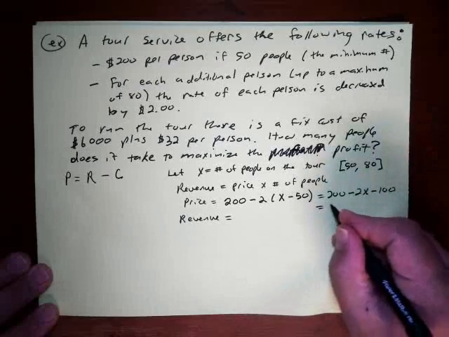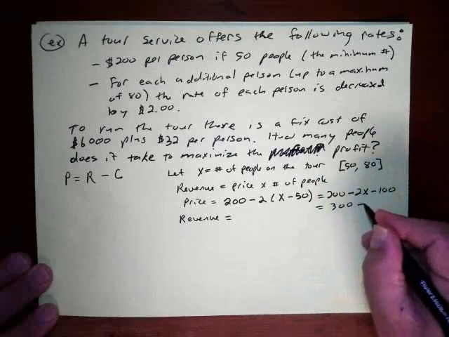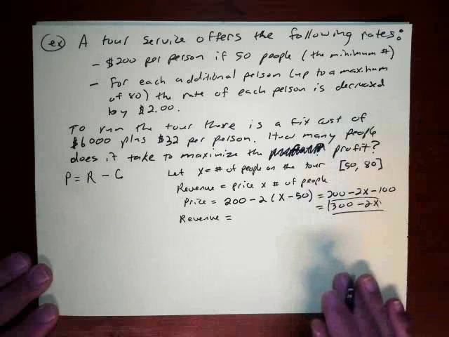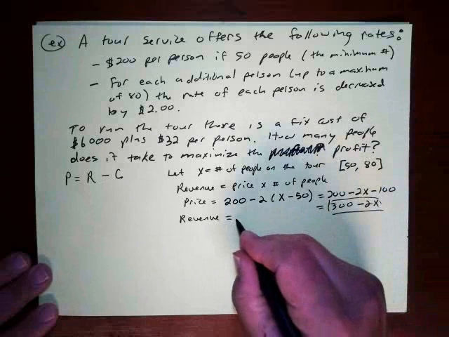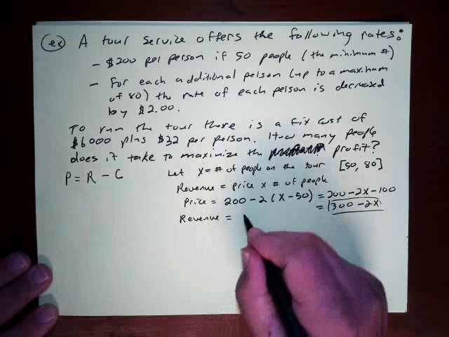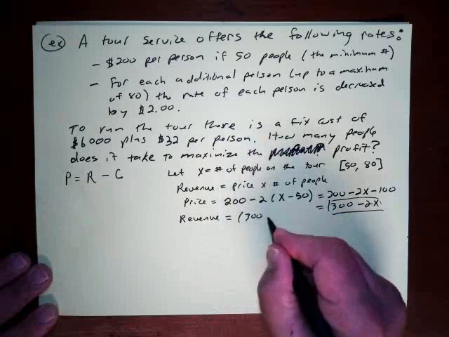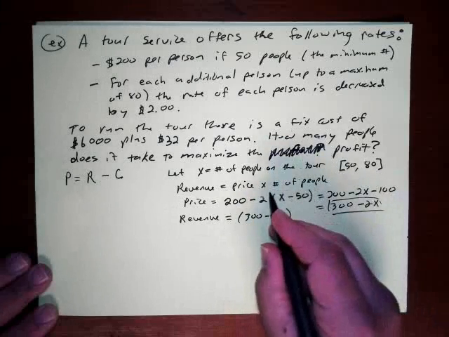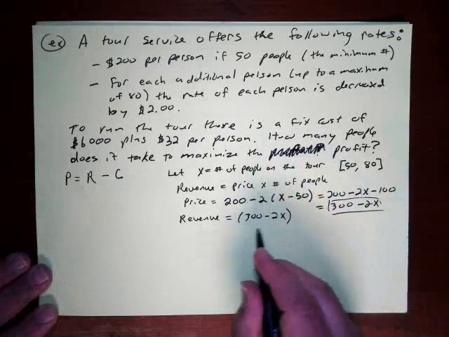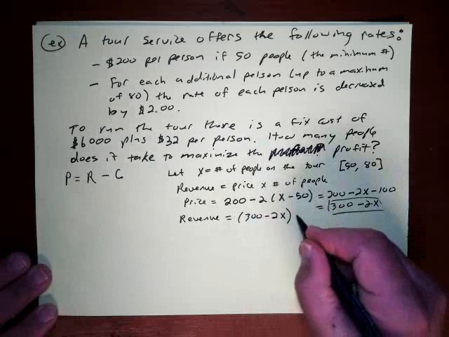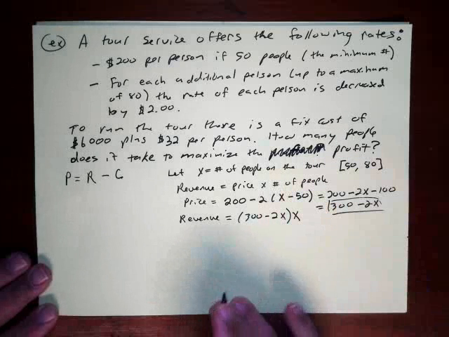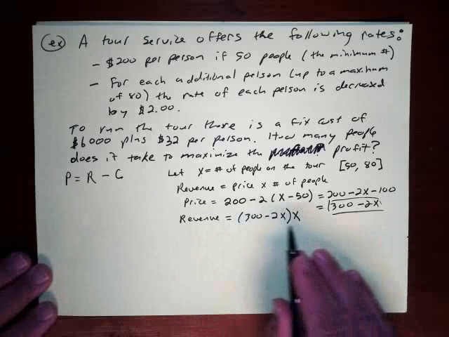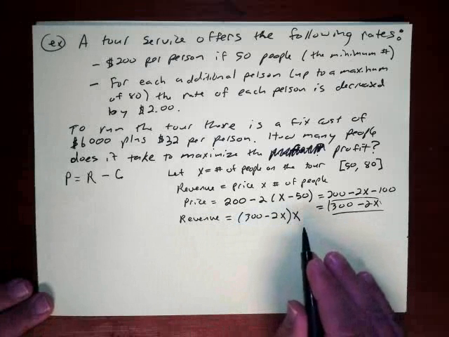So this would be 300 minus 2x. That would be my price. And so the revenue here is going to be 300 minus 2x times the number of people. It's the price times the number of people, and that would be x. So that's an expression for my revenue.